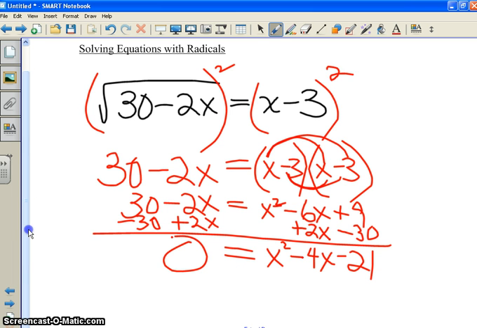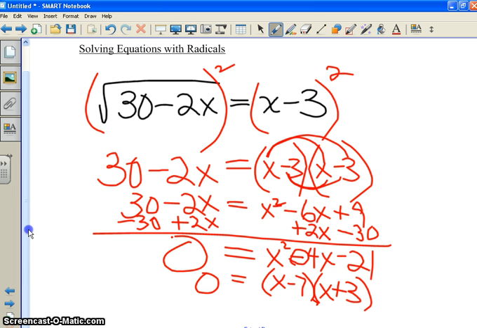Now from here I could do the quadratic formula or completing the square, or I'm actually just going to factor this because I know numbers that times to 21 and add or subtract to 4 are 7 and 3. The bigger number gets that middle sign, so this will be minus 7 plus 3.